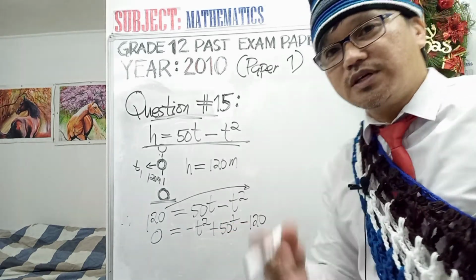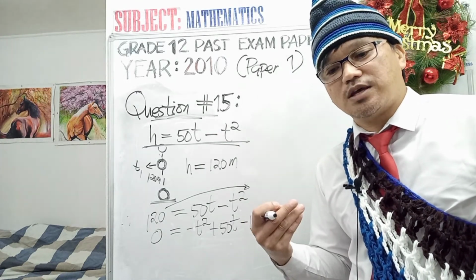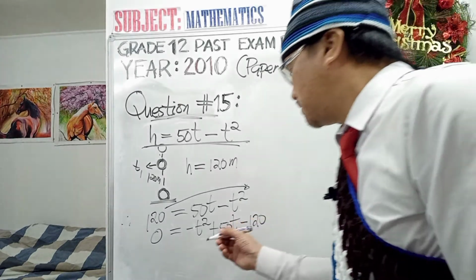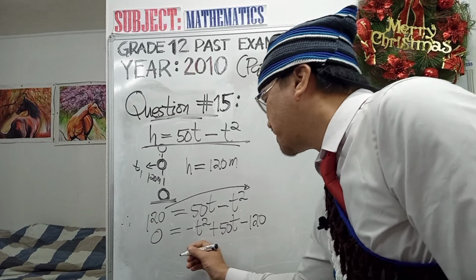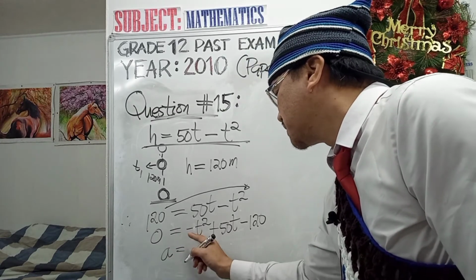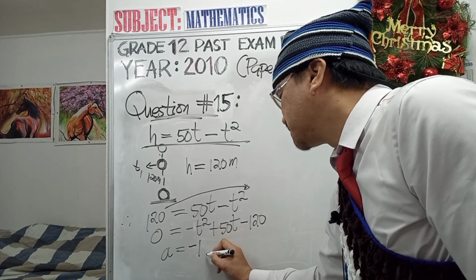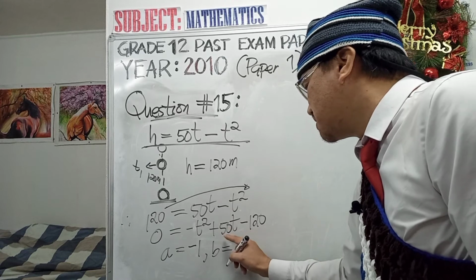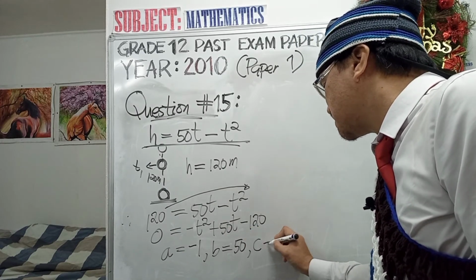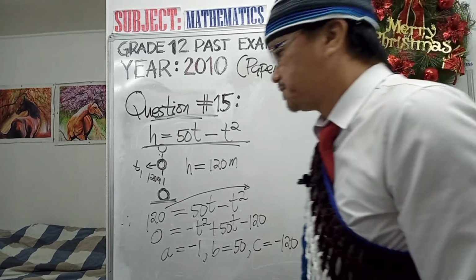You don't need to memorize the quadratic formula because it is actually in your formula sheet. So, applying the quadratic formula means that you have to identify your constant A. The constant A here is negative 1, and then your constant B is positive 50, and then your constant C is negative 120.